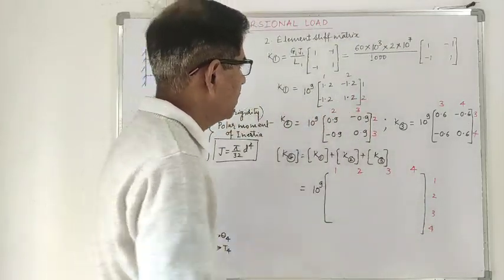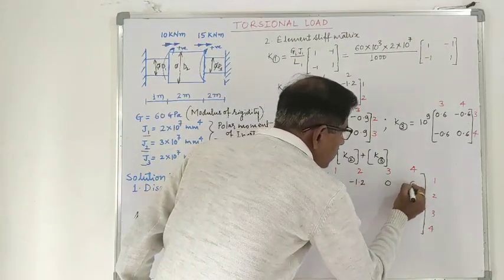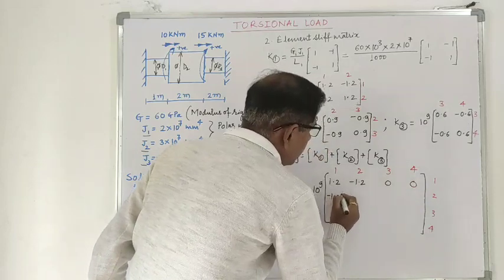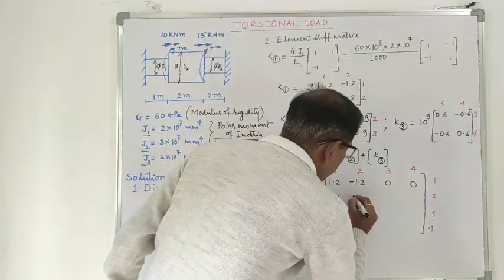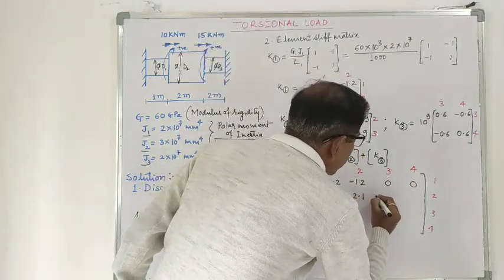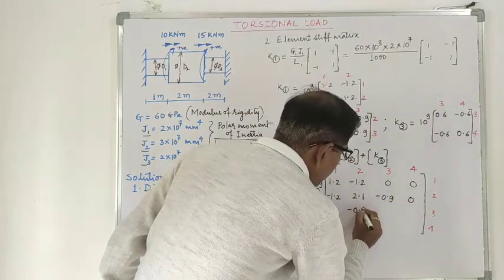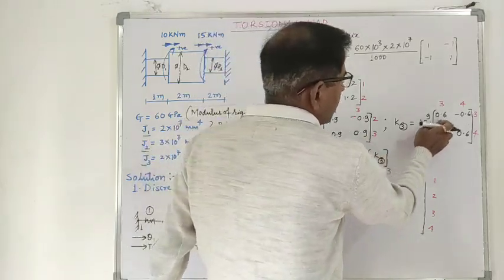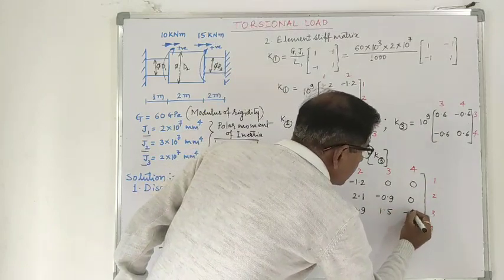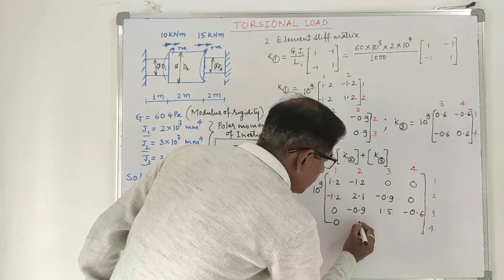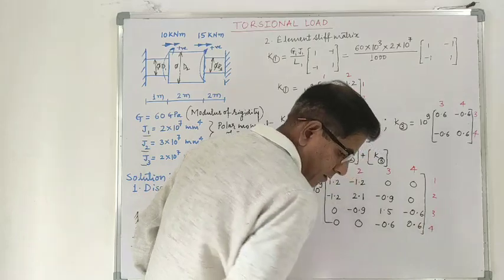At first place it is 1.2 minus 1.2 0 0. Then minus 1.2, and here 1.2 and 0.9 is 2.1, minus 0.9 0 0, minus 0.9, and here 0.9 and 0.6 is 1.5, minus 0.6 0 0 minus 0.6 and 0.6.